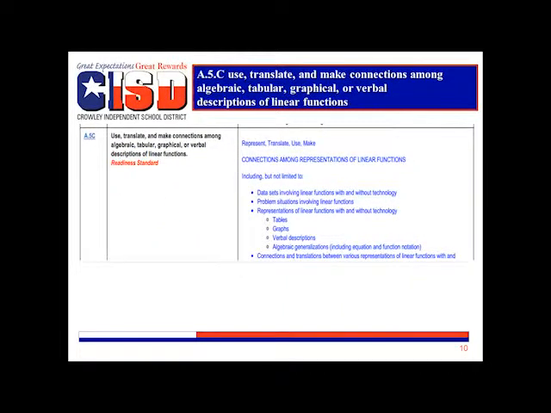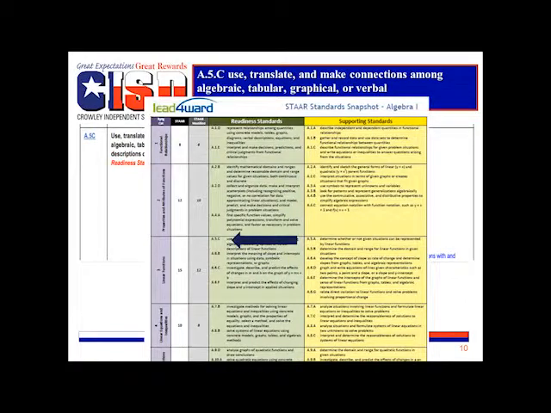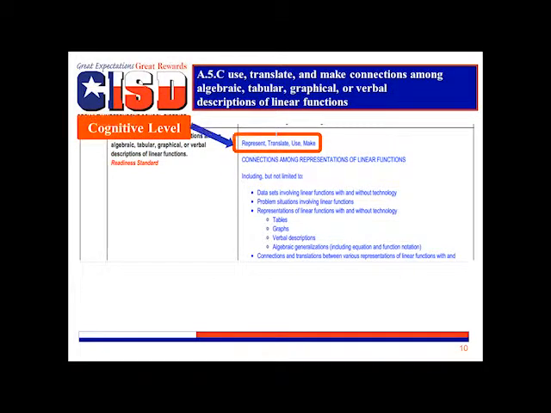Now let's focus specifically on A.5C. As you can see, this is a readiness standard. This standard is part of Reporting Category 3, Linear Functions, which makes up 28% of the STAAR Blueprint assessment. When reviewing the standard, make sure to identify the cognitive level. These are the verbs that define what the students will be able to do.